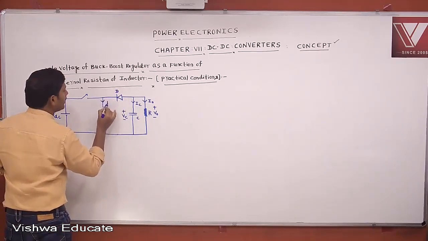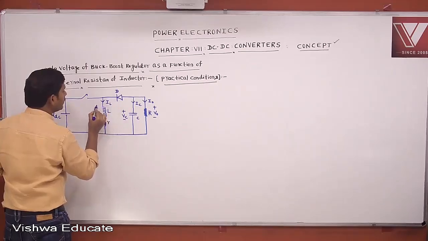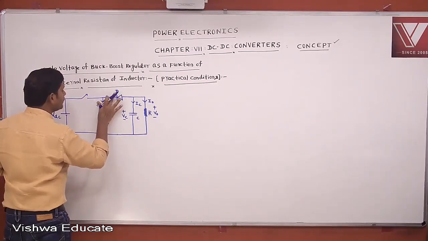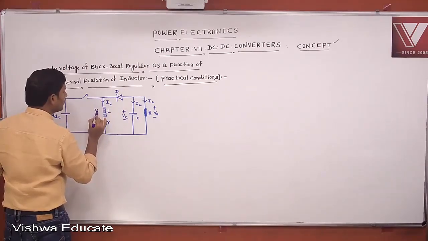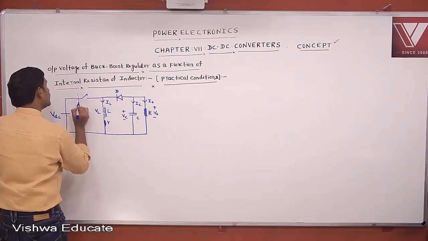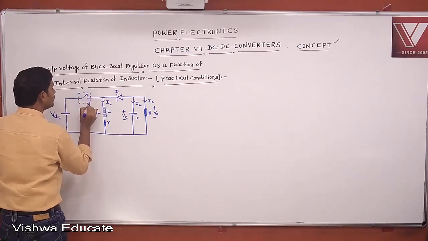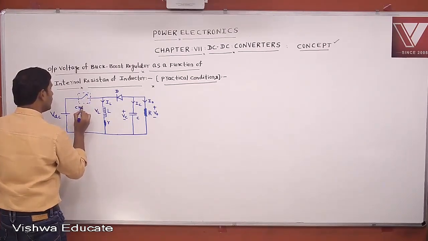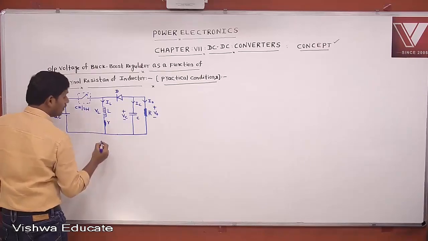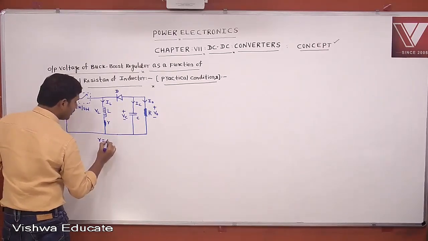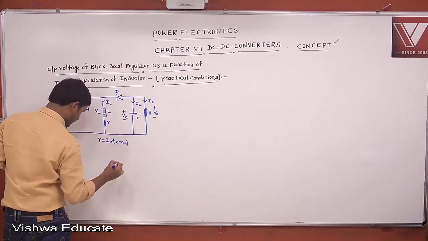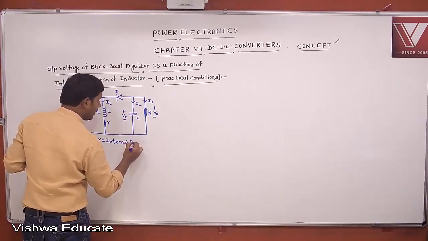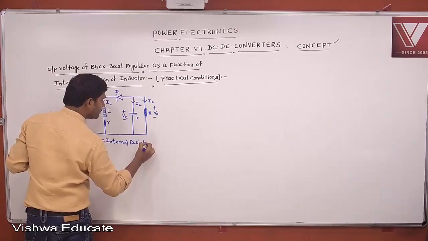The current through the inductor is IL. The voltage across the inductor is VL. This may be the chopper or switch, where small r is the internal resistance of the inductor.